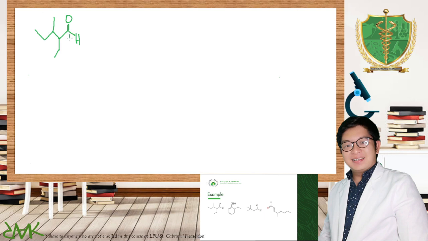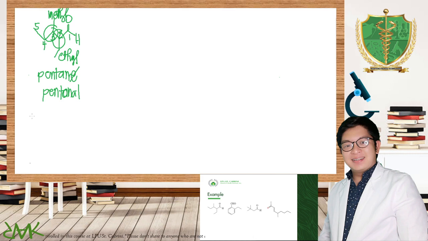This is carbon 1, carbon 2, carbon 3, carbon 4, carbon 5. That is pentane. Omit the final E, that becomes pentanal. Now, we have attachments on carbon number 2 and carbon number 3. Ethyl. This is methyl.